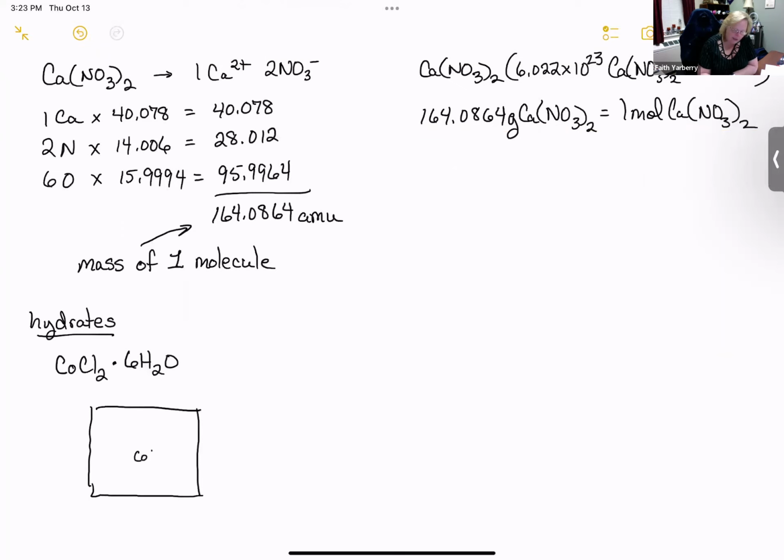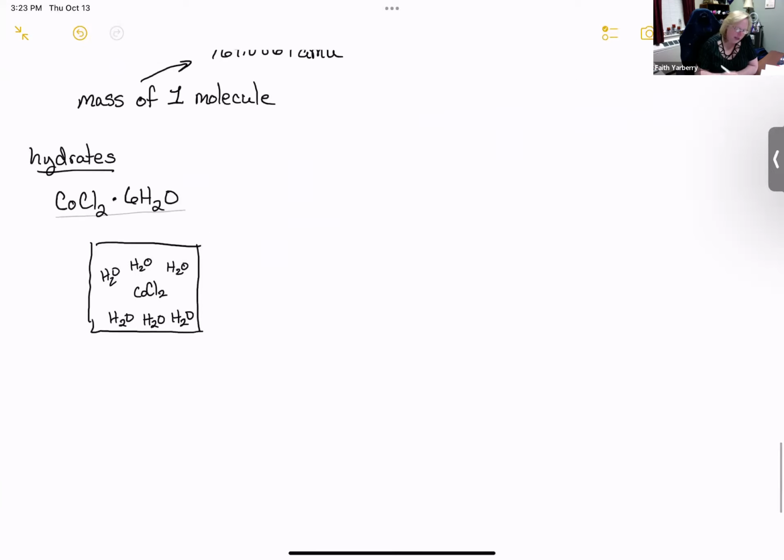And I was like, okay, there's one CoCl2 in the crystal along with 6 water molecules. That's what the formula of the hydrate means. So in our cobalt chloride hexahydrate, we will have 1 cobalt, we will have 2 chlorines, we will have 12 hydrogens, and we will have 6 oxygens.